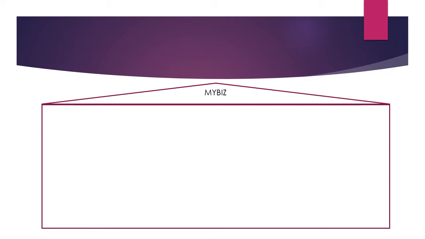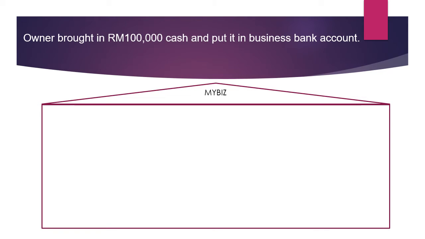Initially, the business has nothing. You can see on the screen, for example, the business is called MyBiz. So in MyBiz there is nothing because initially the business has only a name. And then when the owner brought in 100,000 of cash and put it into the business bank account, that will affect the business accounting equation.